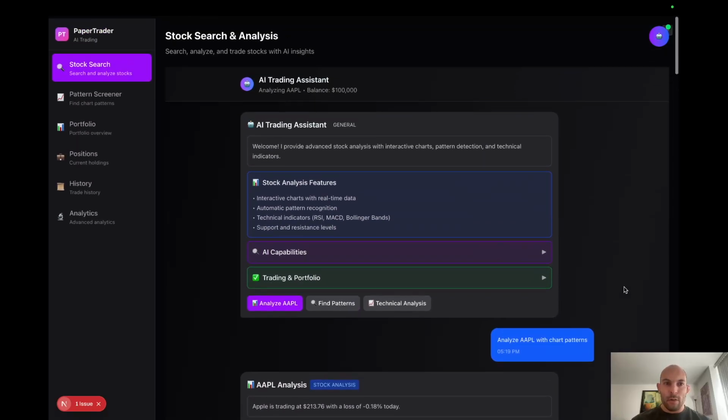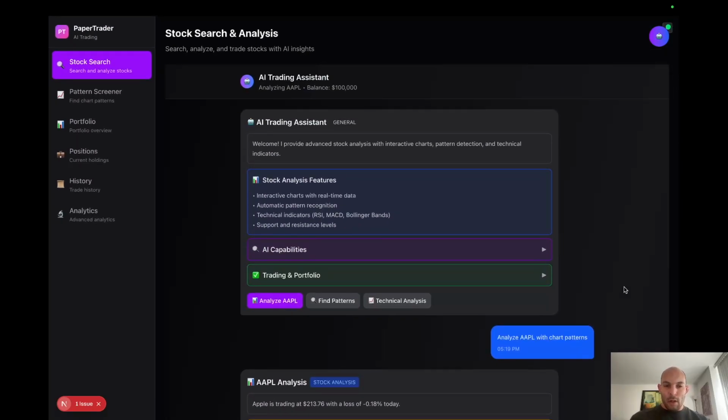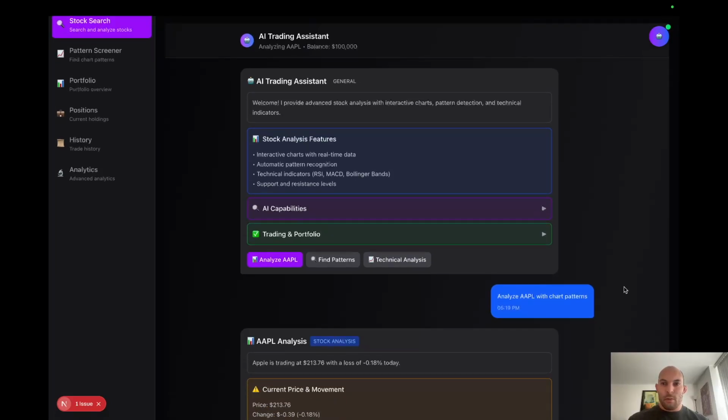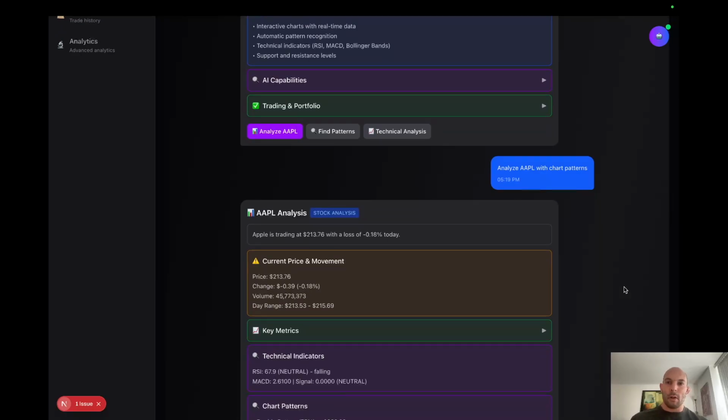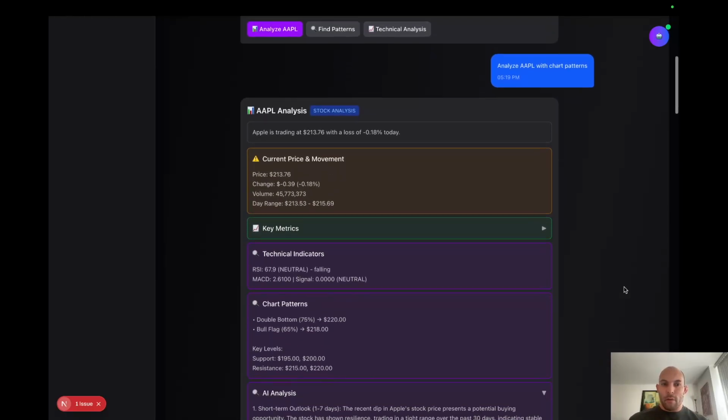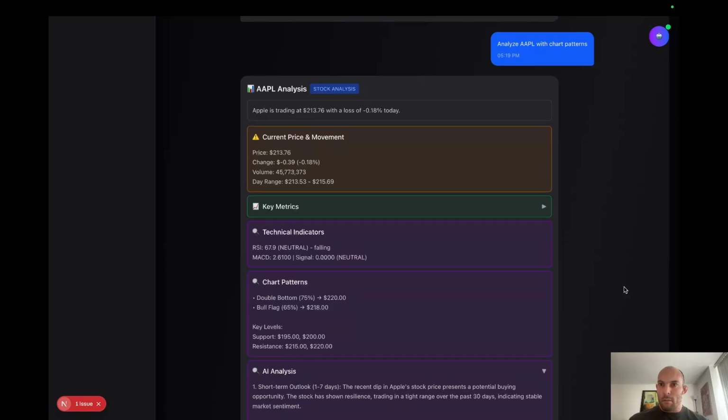What I wanted to do today, though, was allocate two different models, Claude 4 and Claude 3.5, so I can reduce the costs and increase the speed.